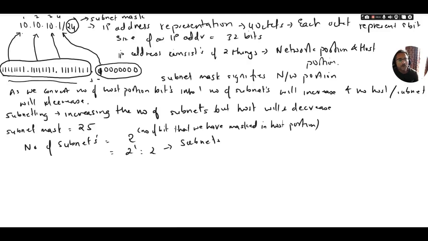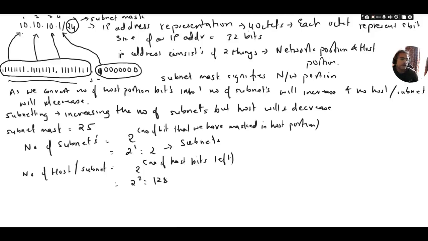Now how many hosts? The number of hosts per subnet will be 2 raised to the number of host bits left. How many host bits are left? 1, 2, 3, 4, 5, 6, 7. So 2 raised to 7 is equal to 128.